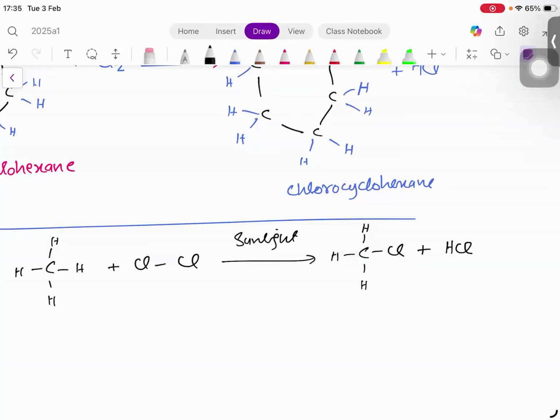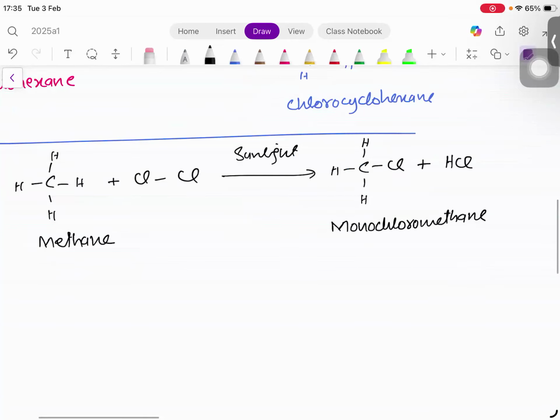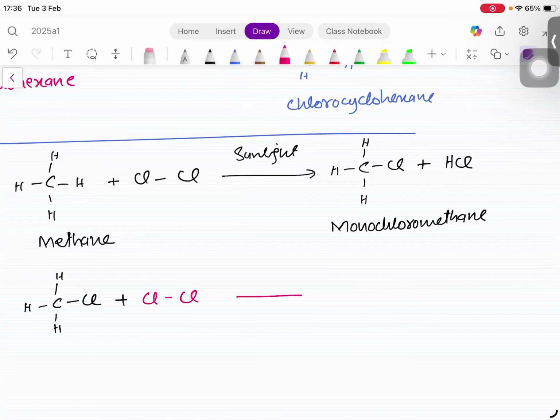This reaction, I mean methane reacting with chlorine, monochloromethane is not the end product. Actually, monochloromethane reacts with another Cl2, right?